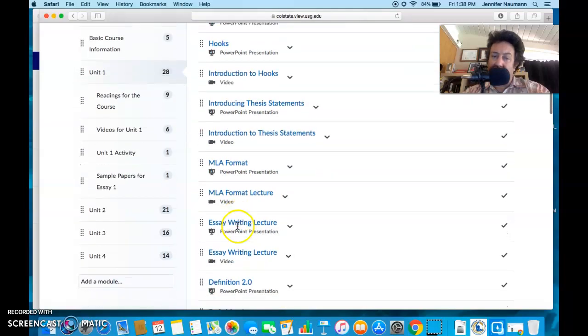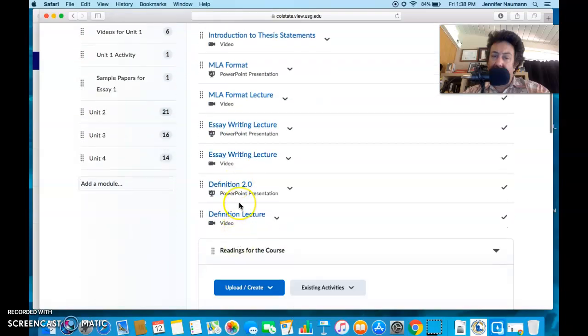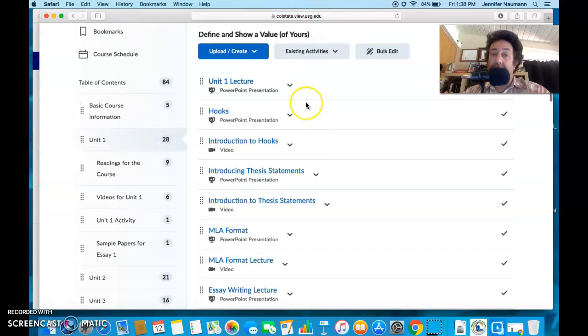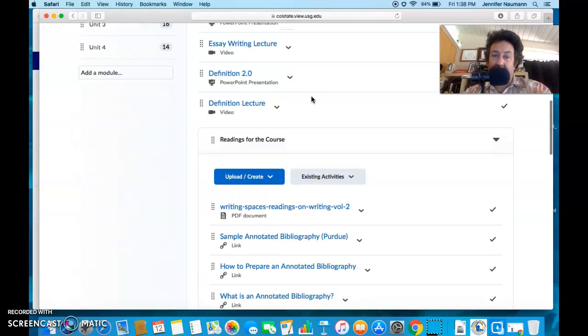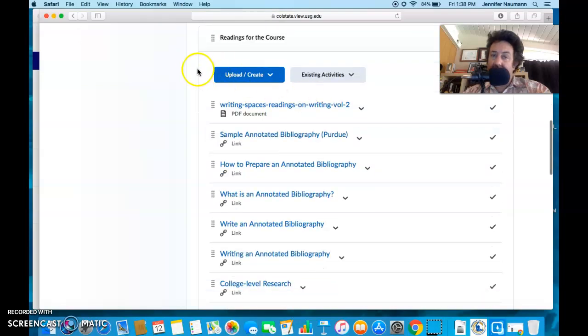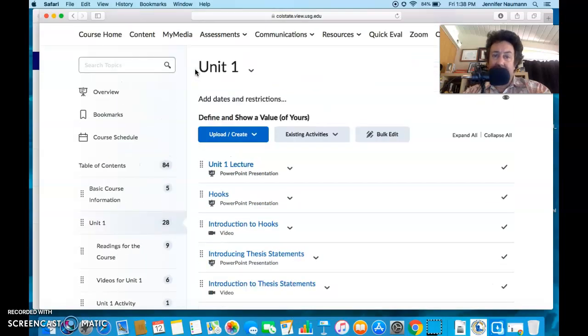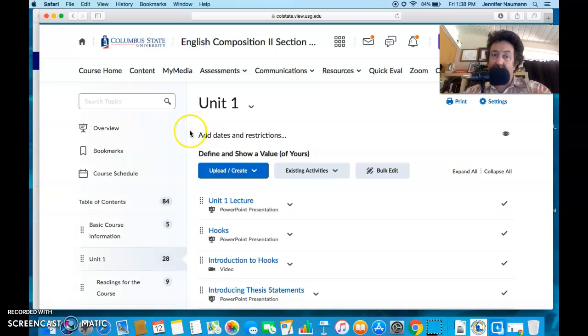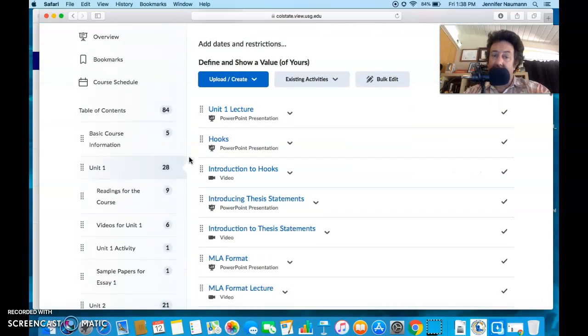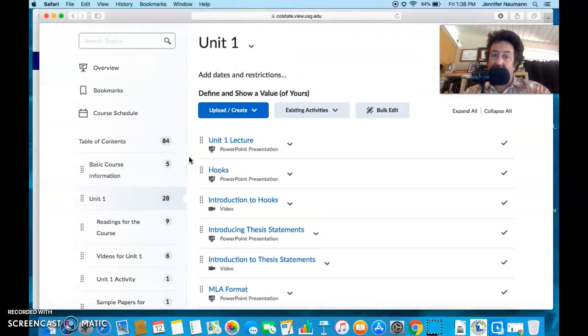You'll see it here for MLA, for essay writing, definition. All these are related concepts, which would be helpful as you're doing your first assignment, which is in this course. This is English composition 2, so we're doing the annotated bibliography first. That's going to be our first assignment.